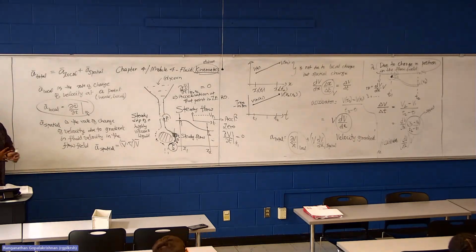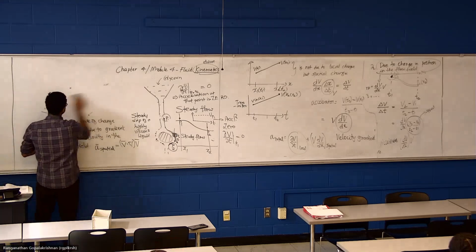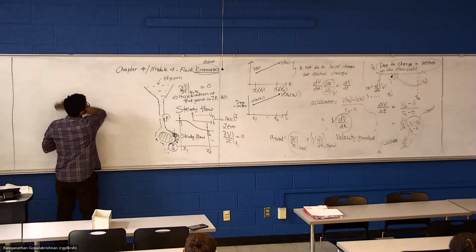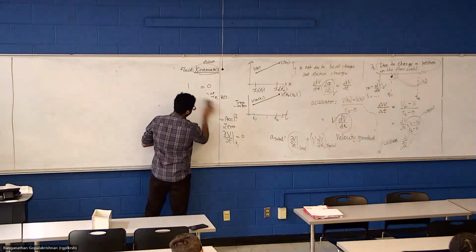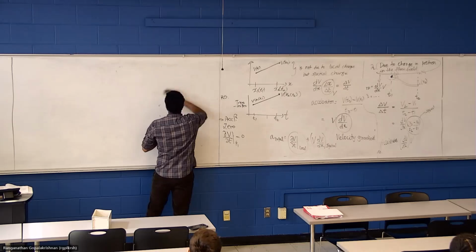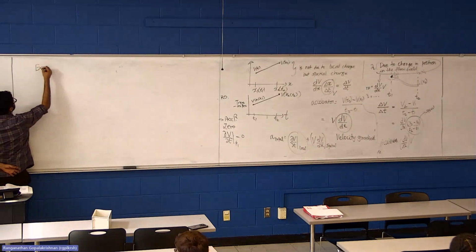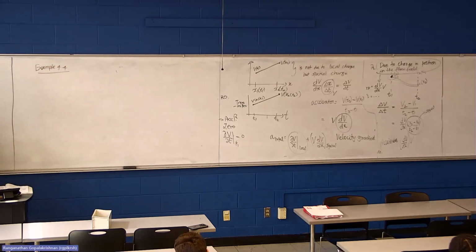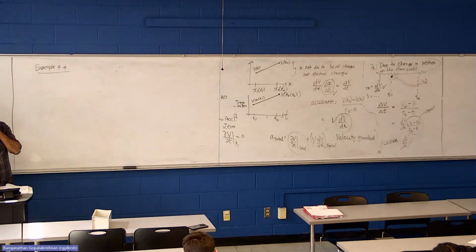Example 4.4 from the textbook. Okay, we'll start simple. An incompressible, inviscid fluid flows steadily past a tennis ball of radius r.